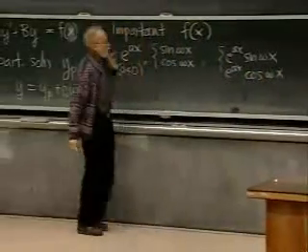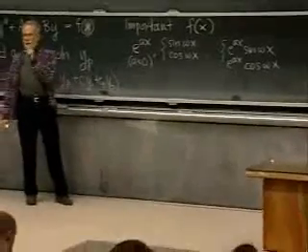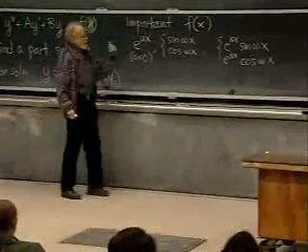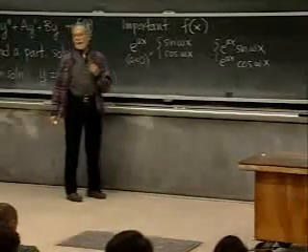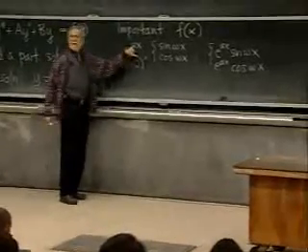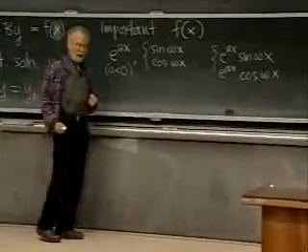So we could also have something like e to the ax times sine omega x or times cosine omega x. Now the point is, all of these together are really just special cases of one general thing, exponential, if you allow the exponent not to be a real number, but to be a complex number.